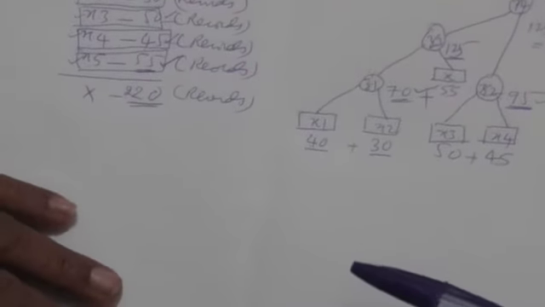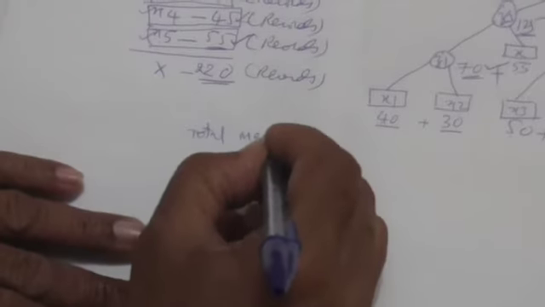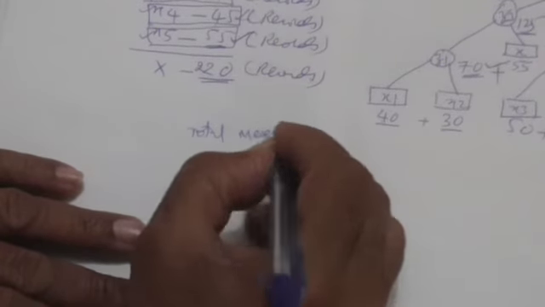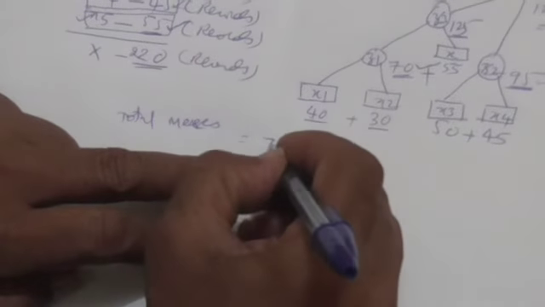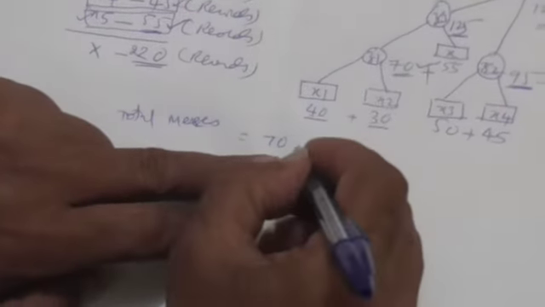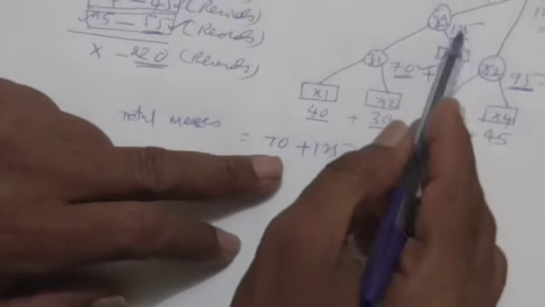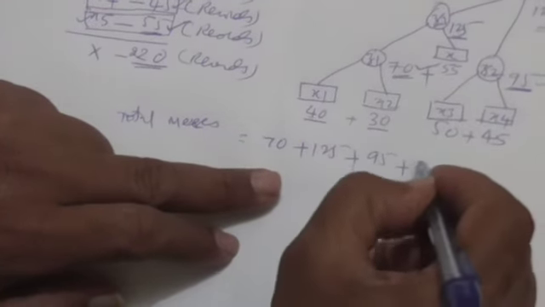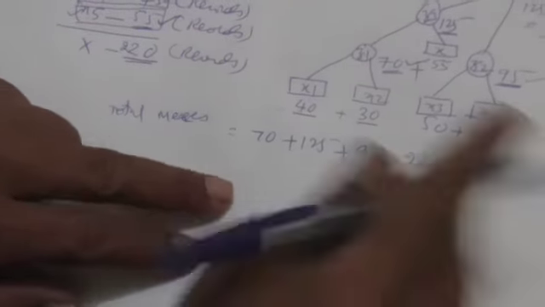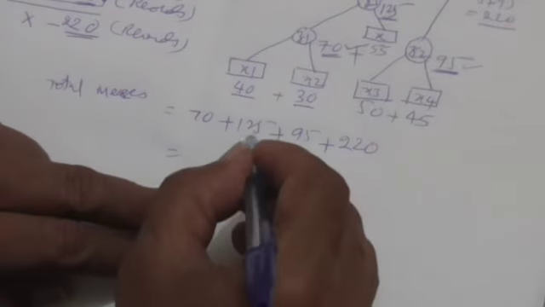But the number of merges you have done, the total merges, will be this 70, that 125, this 95 and that 220. So these are all the merges you have done.